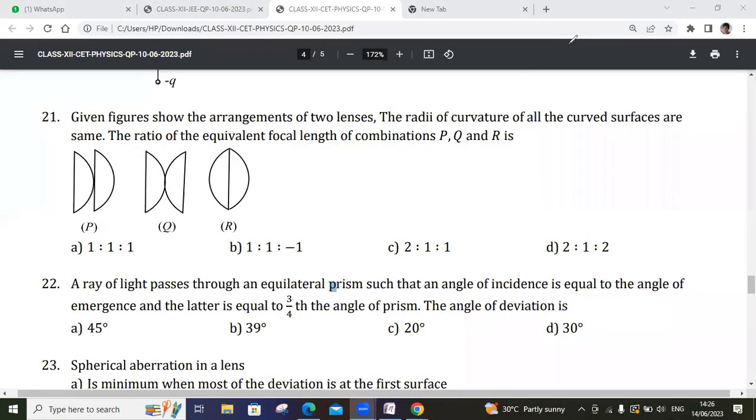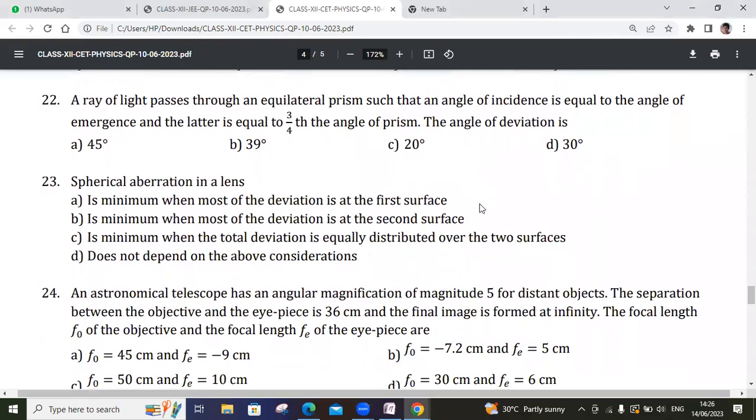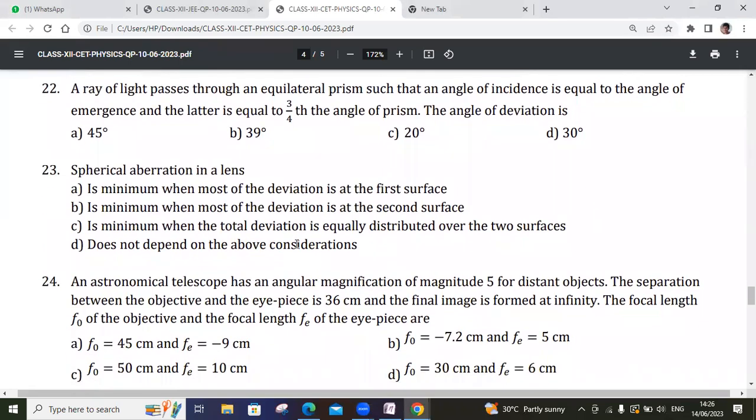Then we have the next question. This is a theoretical question. Spherical aberration in a lens. It is option C. It is minimum when the total deviation is equally distributed over the two surfaces.